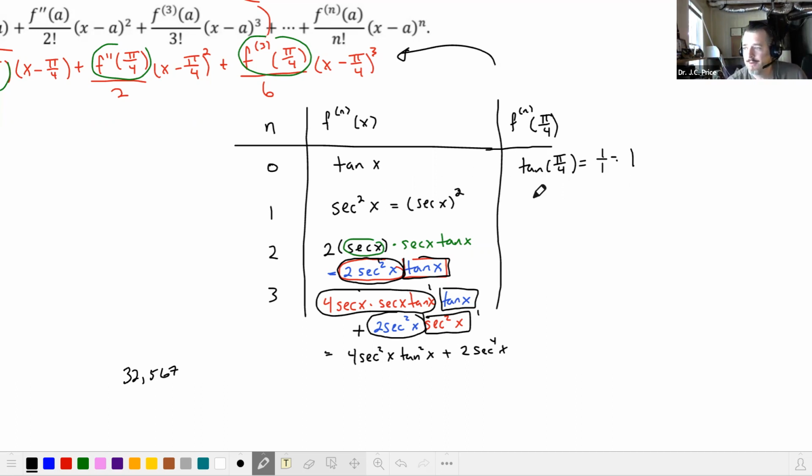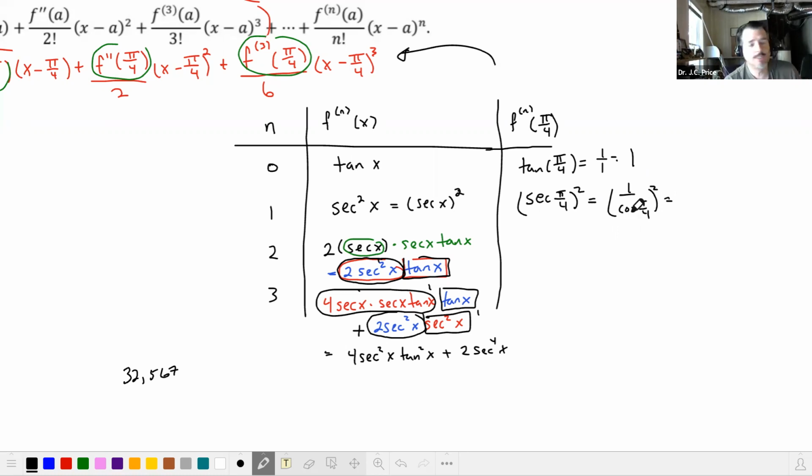And then we have to plug pi over 4 down here. So we need secant of pi over 4. And we're going to square it. And so what is that going to be equal to? Now here, I have to think a little bit more. So a secant of pi over 4 is really 1 over cosine of pi over 4, because I really only know things in terms of sines and cosines.